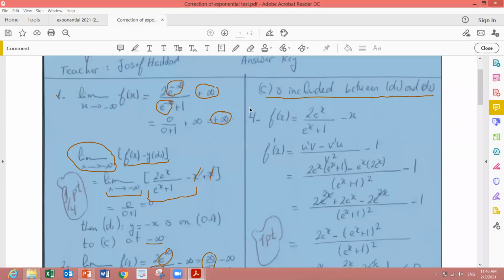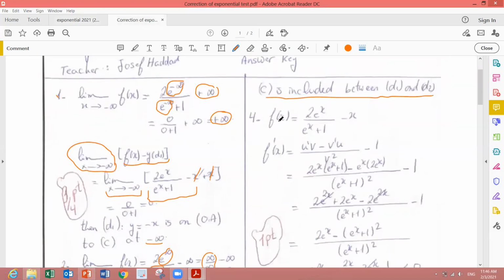Part 4. Okay, f prime. We have f(x) equal to 2e^x over e^x plus 1, minus x. f prime of x equals u prime v minus v prime u over v squared.